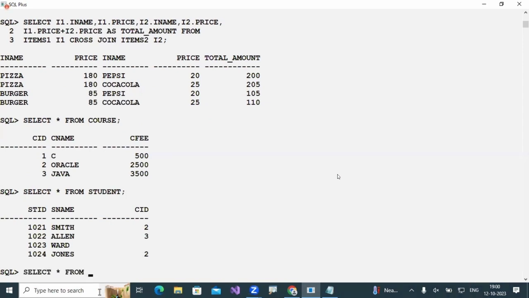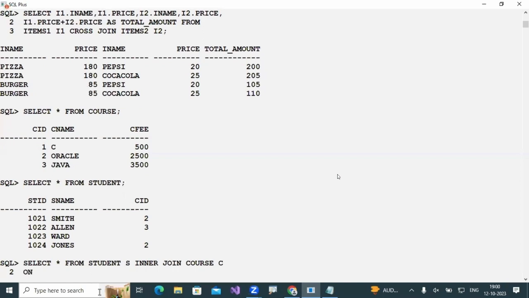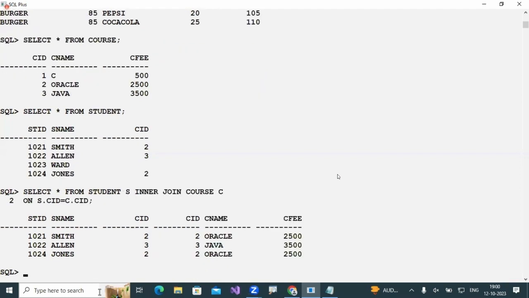Select star from student S, inner join, which is nothing but equi-join, course C, on S.CID equals C.CID.